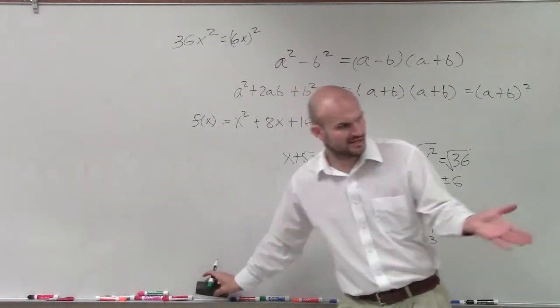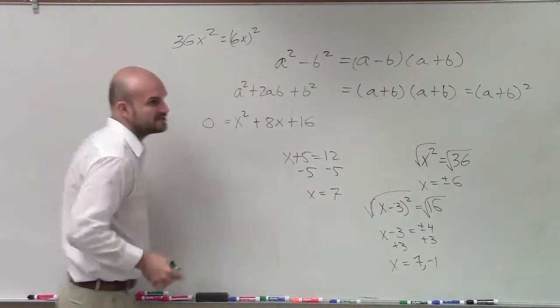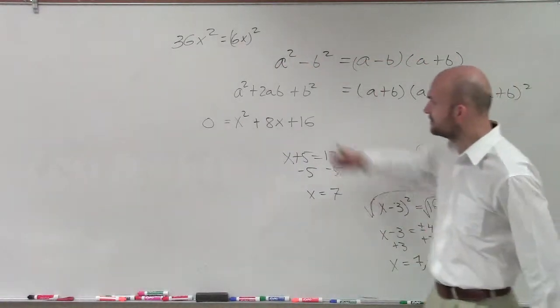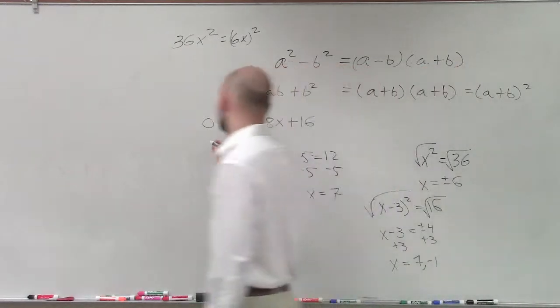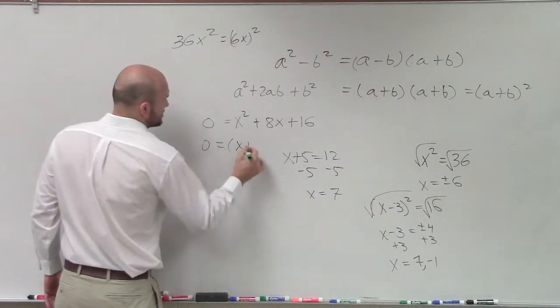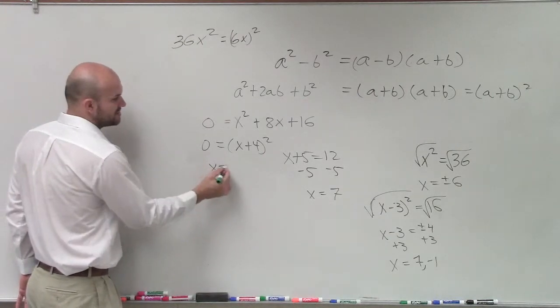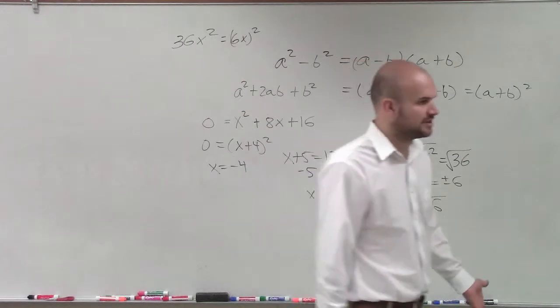And actually, in your worksheets, they're already set equal to 0, so that's cool. But in your pre-calculus book, if you have a function that says find the zeros, you can just set it to 0 by yourself. Now it's set to 0. What is the factored form of this? 0 equals x plus 4 squared. And then you can take the square root of both sides, but you just see that the only answer here is going to be negative 4, because 0 doesn't have a plus or a minus.